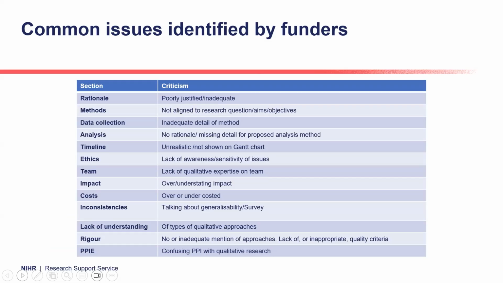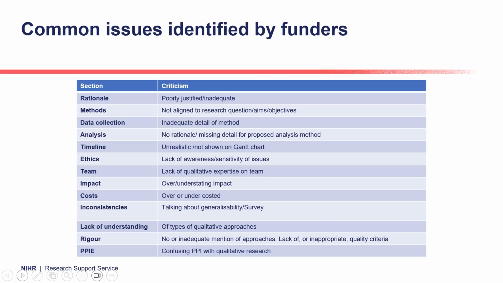For example, starting from the rationale, sometimes the rationale purely justifies why a qualitative study is needed, and perhaps the methods, data collection and data analysis are not aligned with the research question, or they lack detail in order to help the reviewers understand what data is being collected, when and how you will use the data.